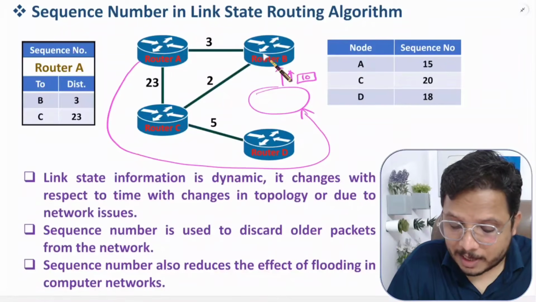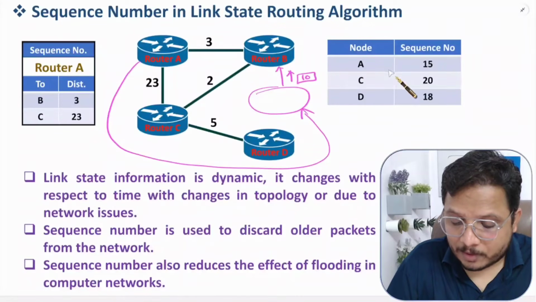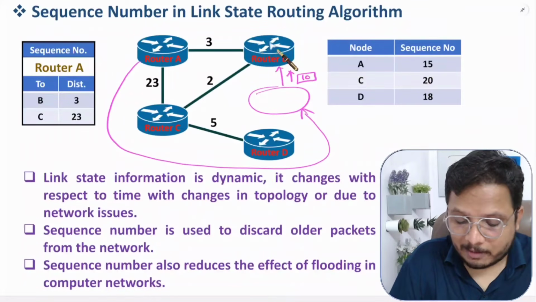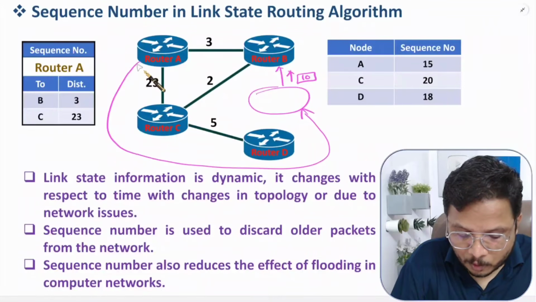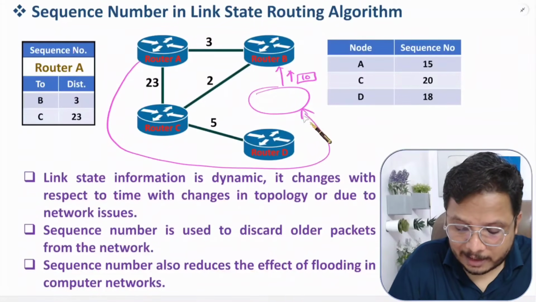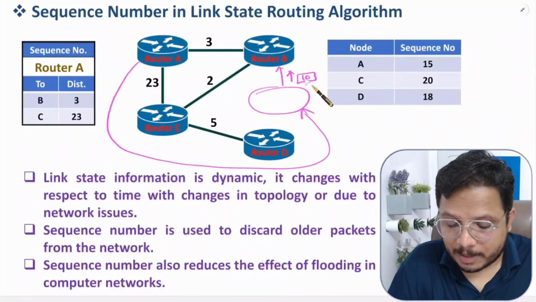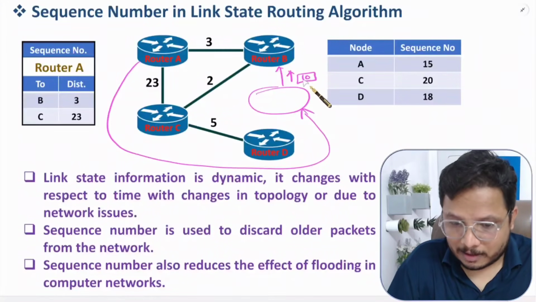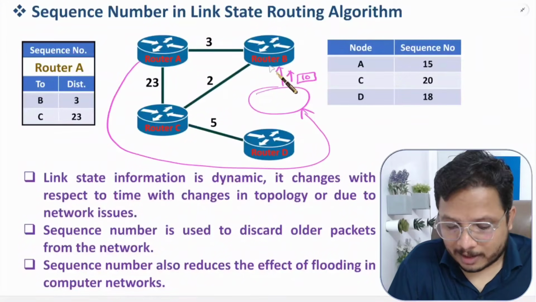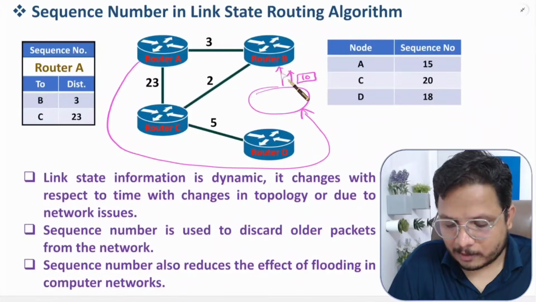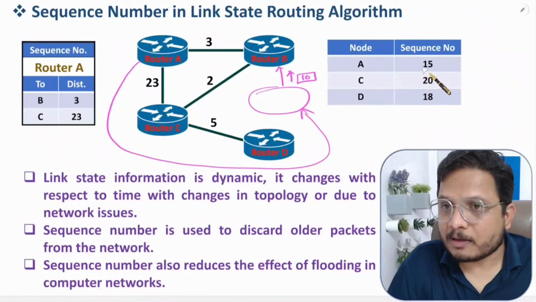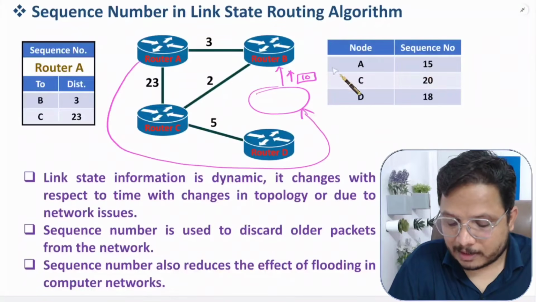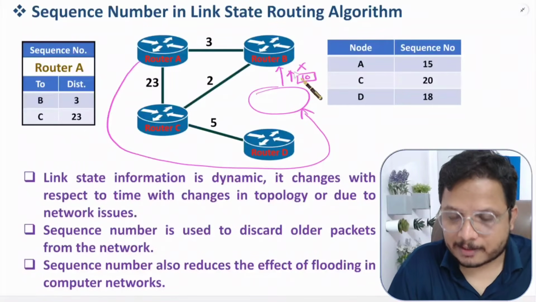Right now with router B, sequence number 15 is available. But because of so much long distance, an older packet with sequence number 10 is coming to router B. What will router B do? Router B will see that it has sequence number 15 and this is an older one, so it will discard this.